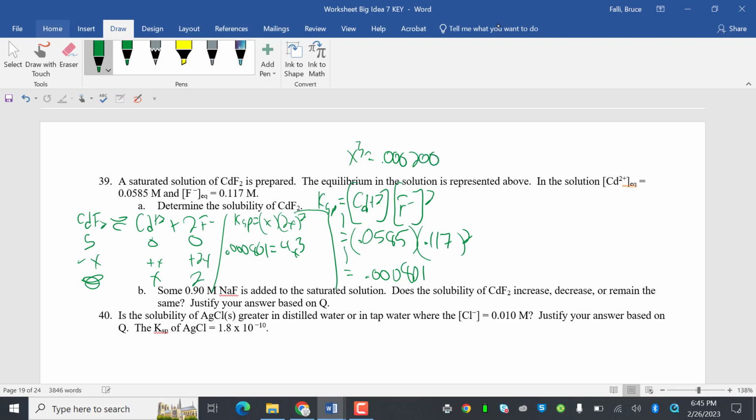So now I need to cube root that. Oh, I just have a cube root button. Who knew? 0.000200 cube root. 0.0584.